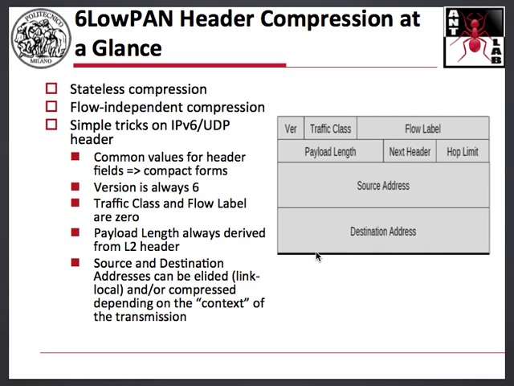In other words, the version field and payload length are headers which are not there in the 6LoWPAN version of IPv6. All the other headers, including traffic class, flow label, source address, hop limit, and so on, can be there or not depending on the specific context, meaning they will be compressed or not depending on the specific context. We will define this context in a few slides.